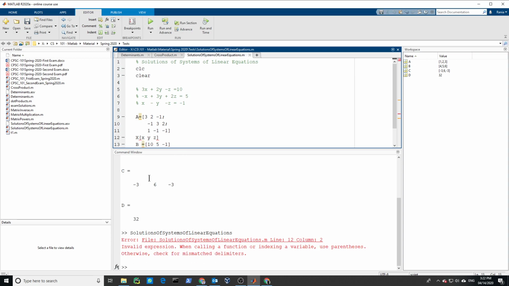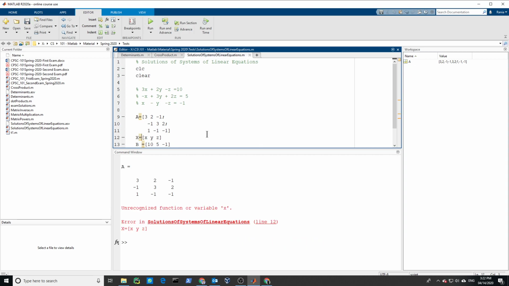Okay. I forgot to put the equal sign in here, so let's run it again.